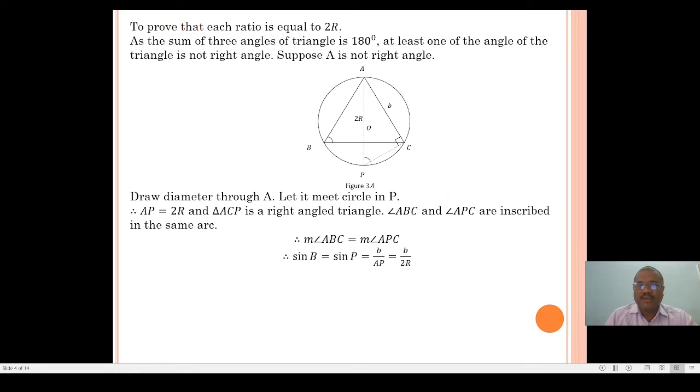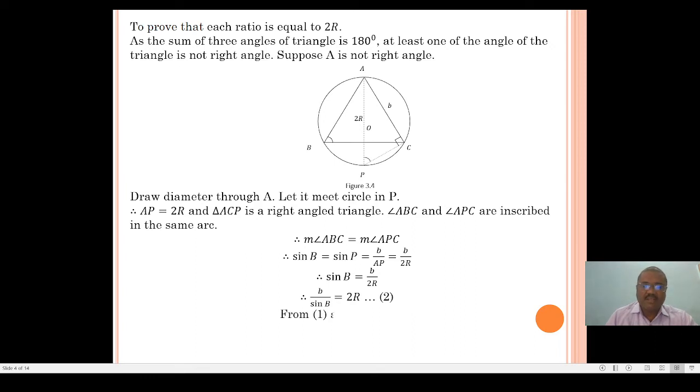The value of AP is 2R. So we get sin P equals b upon 2R. Therefore sin B equals sin P equals b upon 2R. So sin B equals b upon 2R. So b upon sin B equals 2R.